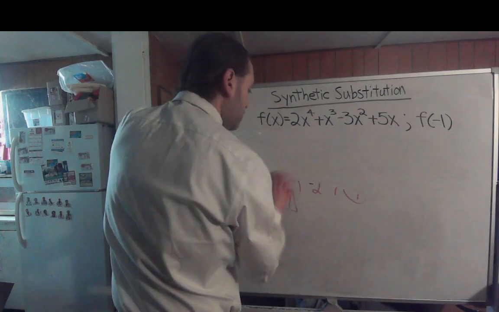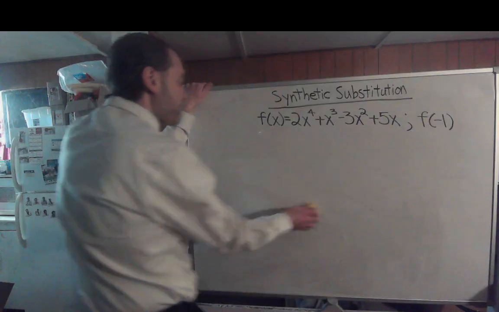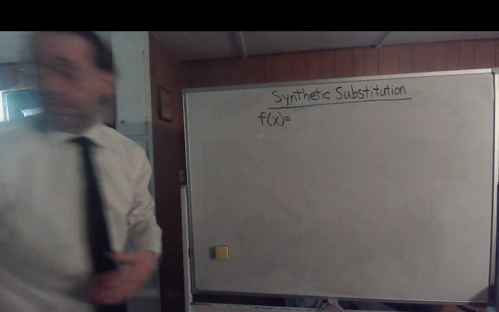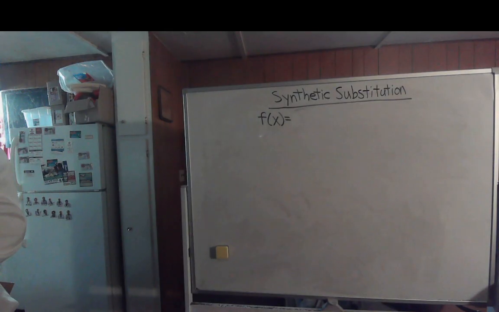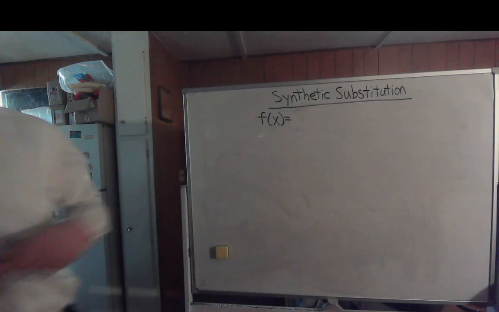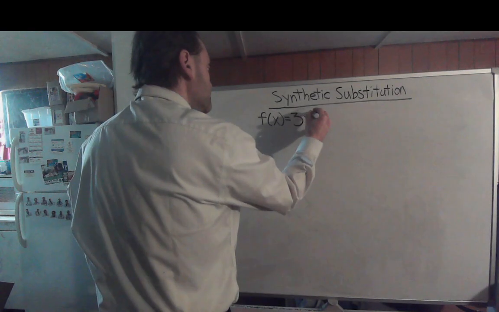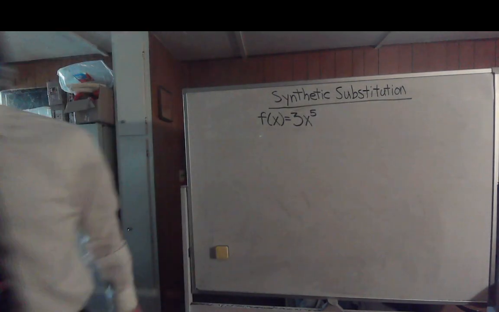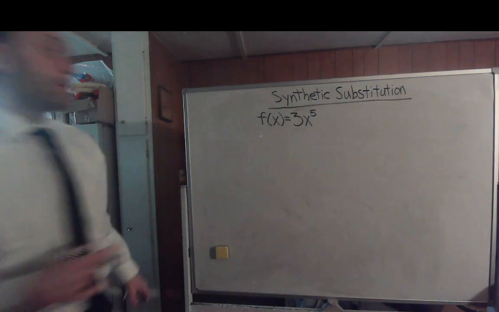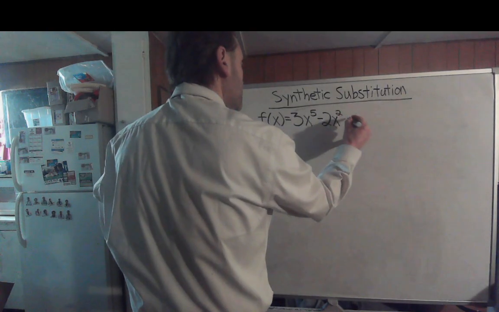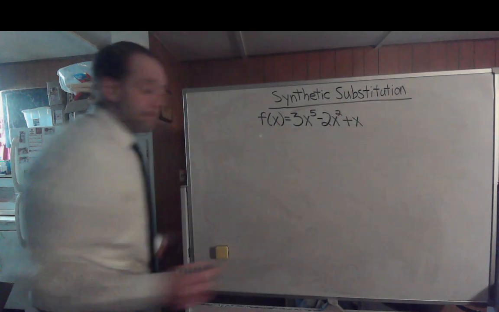I got just one more and we're done for the day. Now this one, oh, good one. So let's see, we have 3x to the fifth power minus 2x squared plus x.